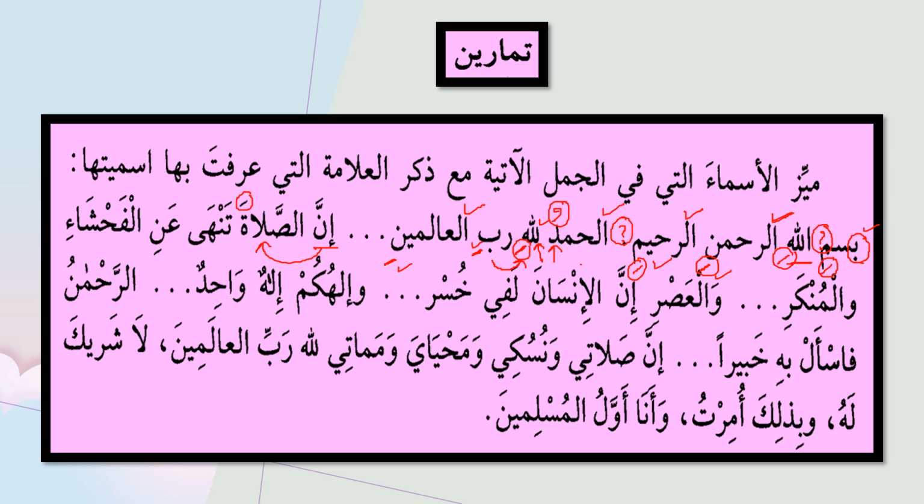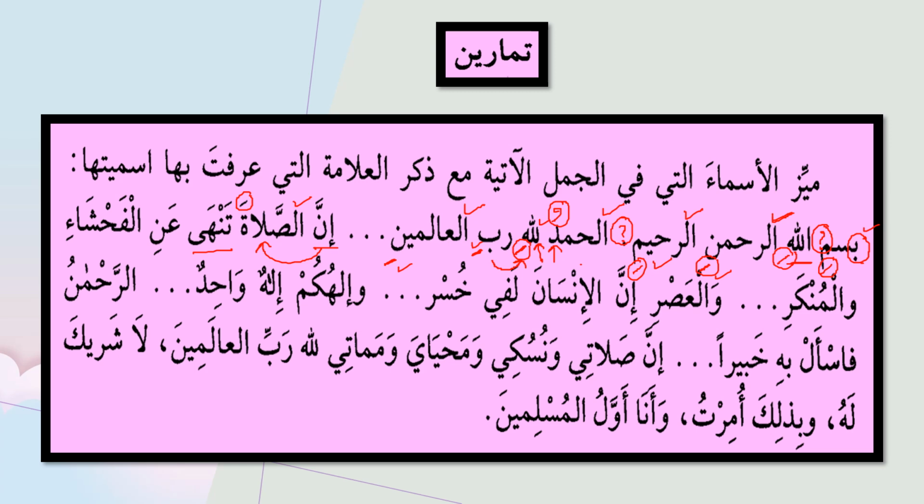This is ism inna. What is the sign here that it is a noun? The entry of the lam at-tarif. Then tanha. So we are leaving this because it's a fail, and we are looking for a kasra. Anil, there is no kasra, there is no lam at-tarif, there is no tanween, and there is no dammatain.